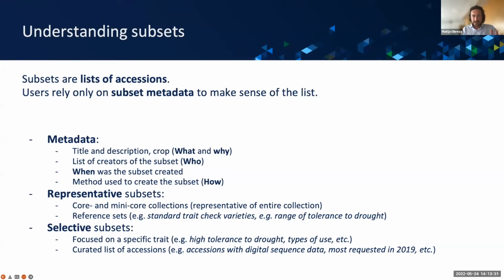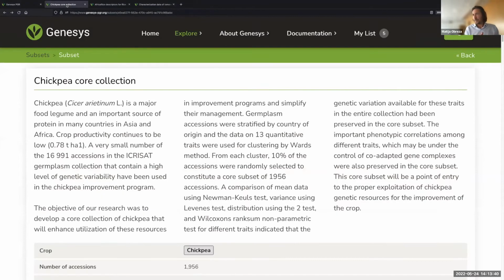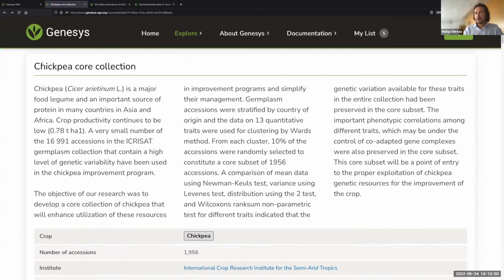So we've covered some basics on subsets, and let's have a quick look at how Genesys presents a subset to its users. So I'm going to jump here. This is one subset as found in Genesys. In this case, this is the chickpea core collection, and as mentioned earlier, it does come with a description of the subset.